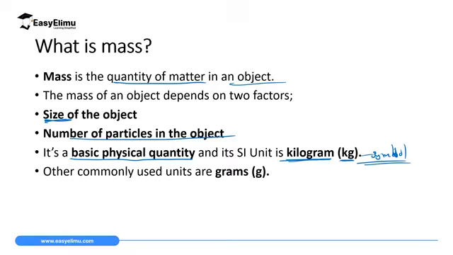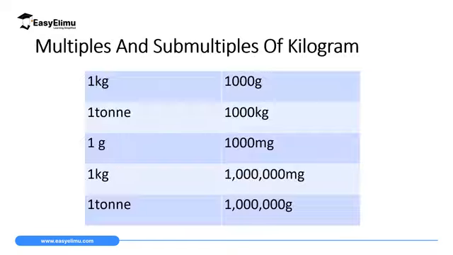Now, other commonly used units are grams. Sometimes we use grams to indicate mass, and the relationship between kilograms and grams is that 1 kilogram is equal to 1000 grams. This relationship is very important. Now, we have multiples and submultiples of kilogram because sometimes mass is so big that it's more than a kilogram, and sometimes it is so small that we cannot use a kilogram to indicate the exact mass.